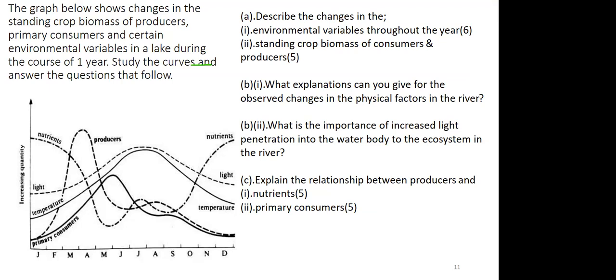Now, explain the relationship between producers and nutrients. When we look at the graph of the producers and the nutrients, there is a relationship. So how do we explain that relationship between the producers and the nutrients?